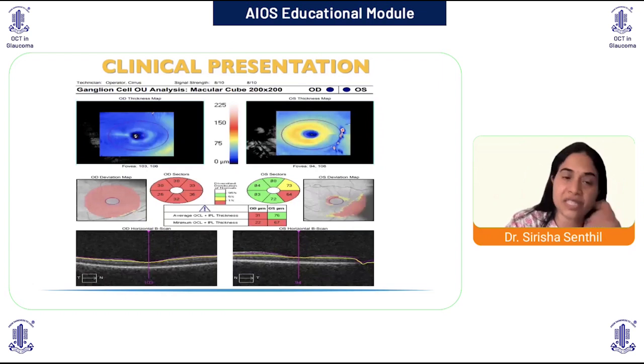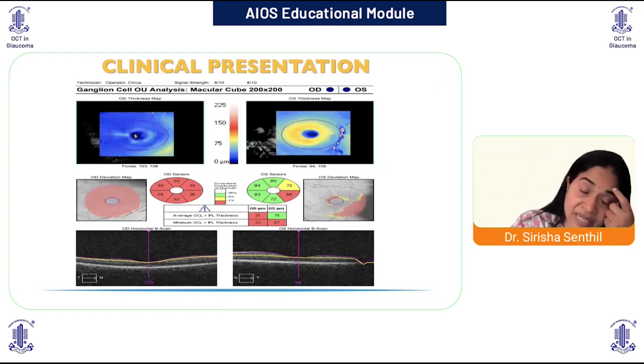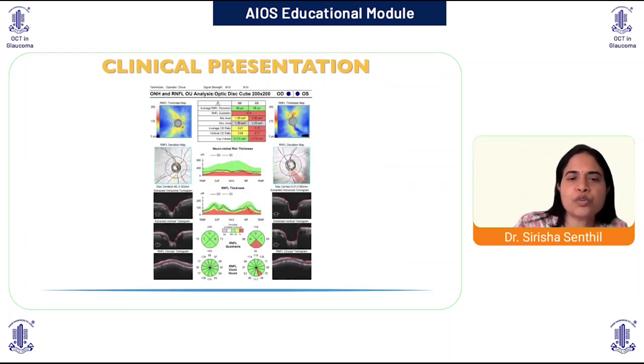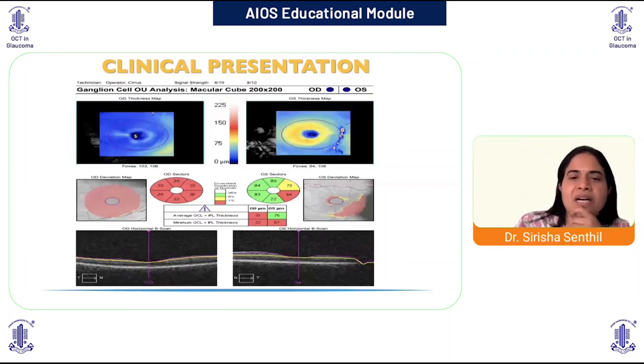And on doing a GCC, although the right eye 24 RNFL thickness map does not show any change here, the ganglion cell analysis map shows a literally washed out GCC complex, whereas the left eye shows some defect in the inferior area. So this was actually not correlating, and we need to again understand why this is happening.